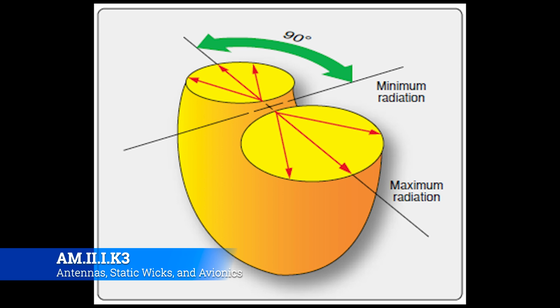That's called antenna polarization. It's just another aspect of the way you build the antenna that will dictate how it projects its signal into the world, and something you need to keep in consideration whenever you're either designing or installing an antenna on an aircraft.